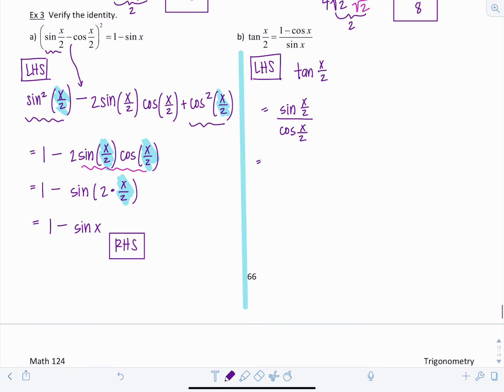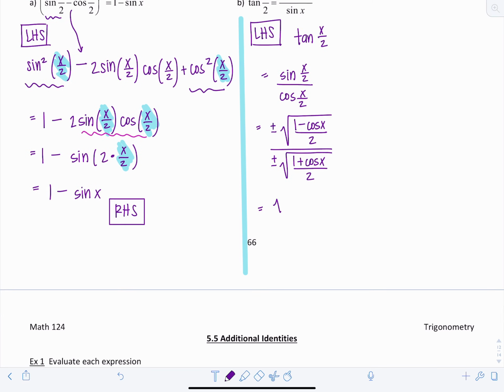So sine of x over 2, remember we have plus or minus, square root of 1 minus cosine x over 2, over plus or minus square root 1 plus cosine x over 2. And then I can split up the radical over the numerator and denominator. So I have rad 1 minus cosine x over rad 2 over rad 1 plus cosine x over rad 2.